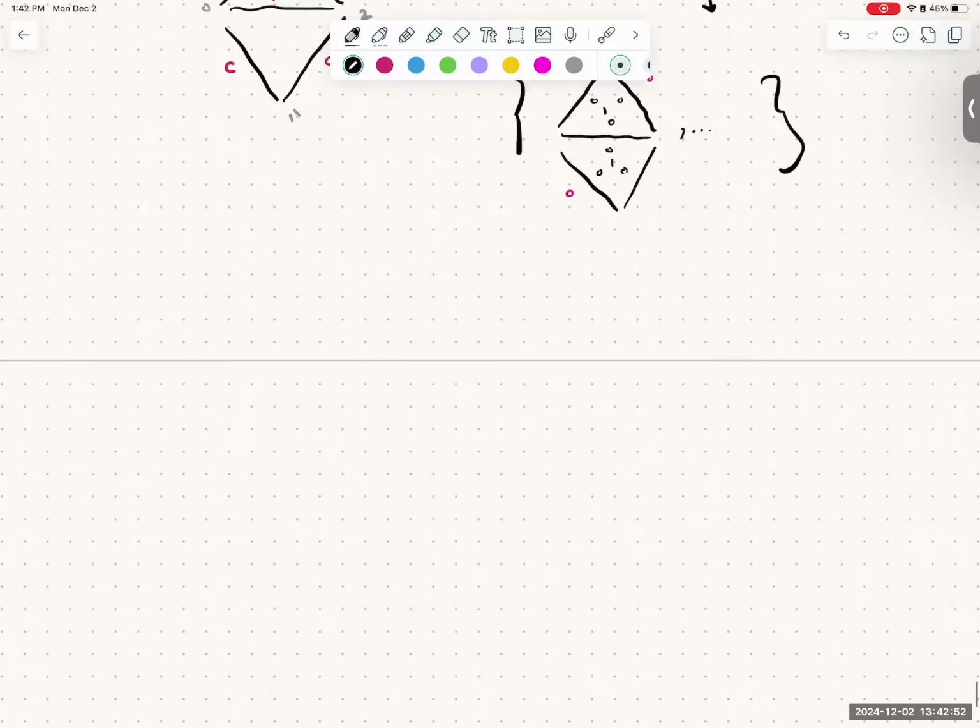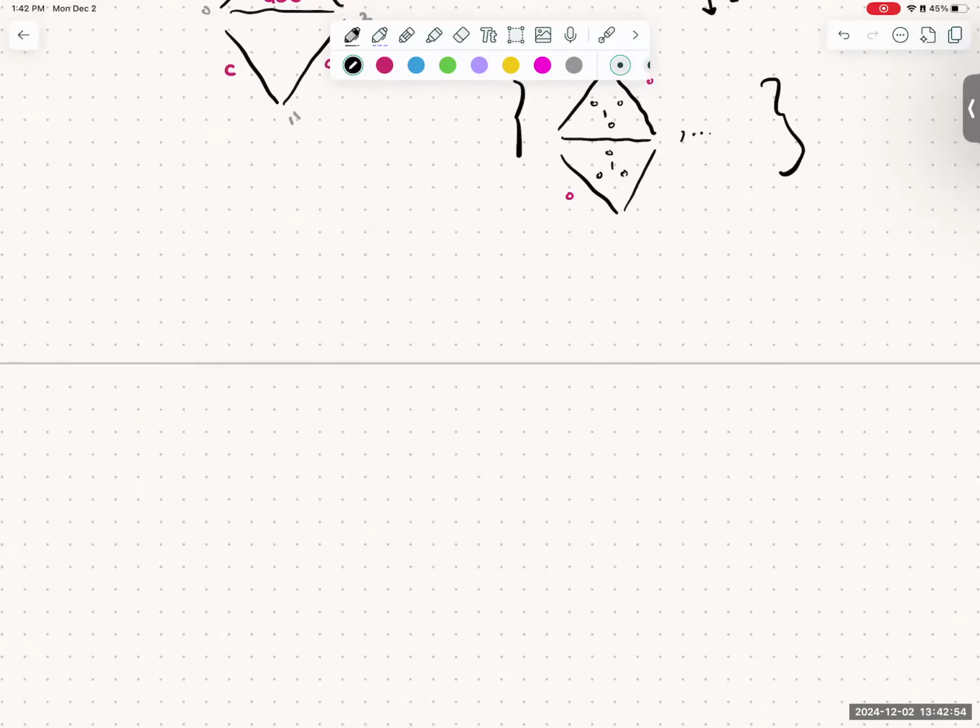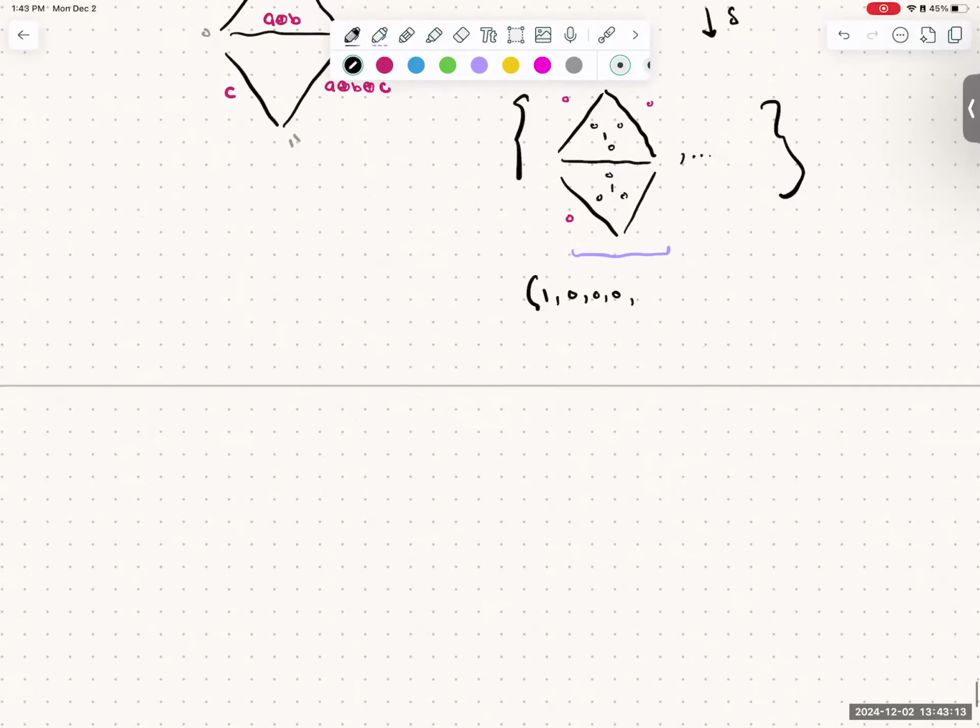And then even further than that, this distribution that I have written, I can think of as being embedded in some R^n. So here I put an ordering on the coordinates, just some ordering. So maybe it's like 1, 0, 0, 0 for the top simplex, and then 1, 0, 0, 0 for the second one, and so on.